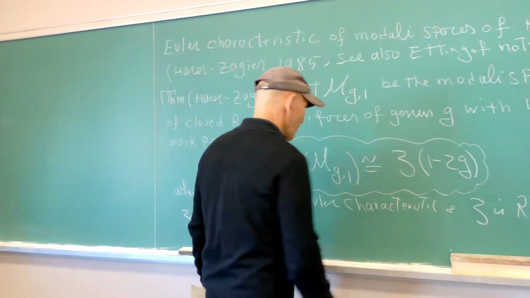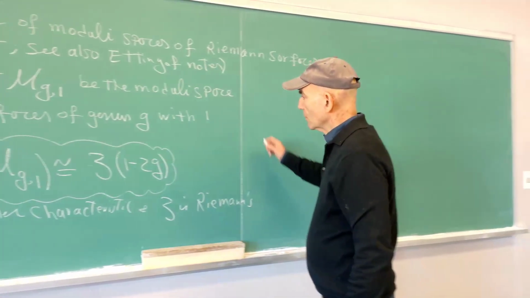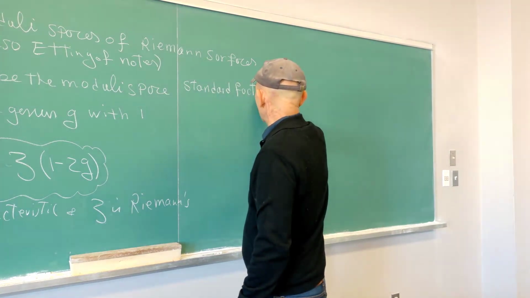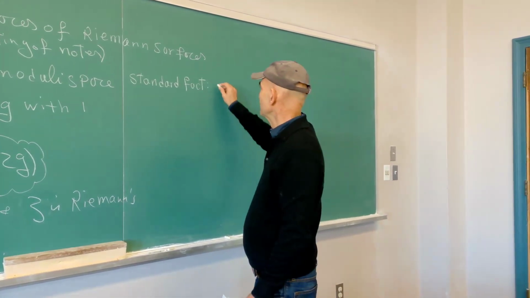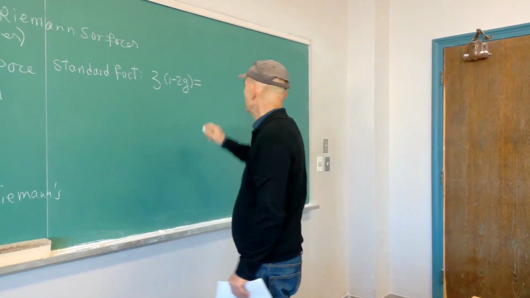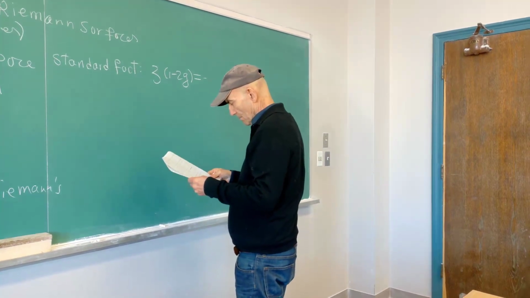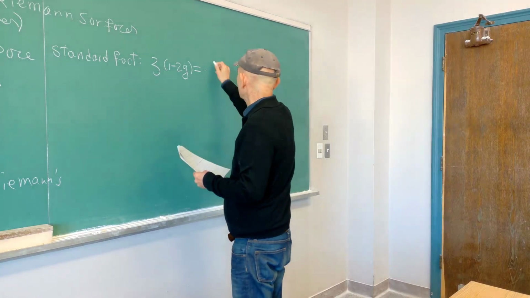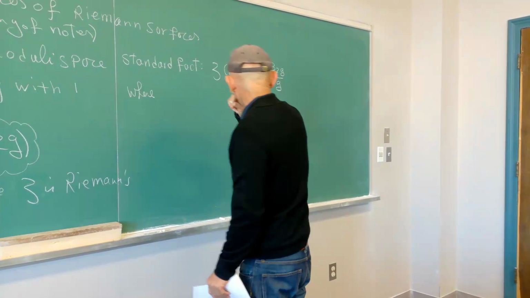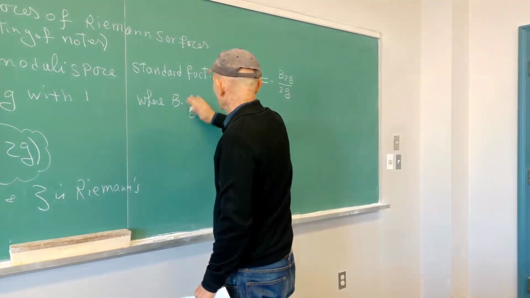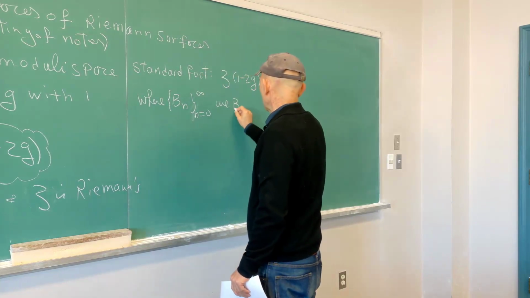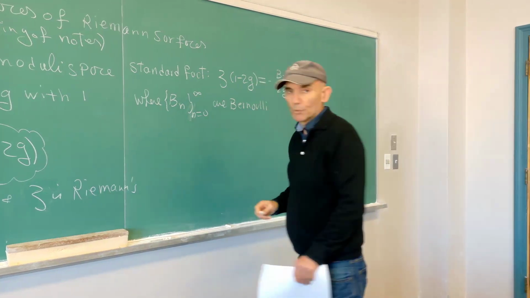Actually, the way we prove it is that we're going to show, so this is a standard fact, the Riemann zeta function at 1 minus 2g is equal to negative B_{2g} over 2g, where B_n, n from 0 to infinity, are the Bernoulli numbers.